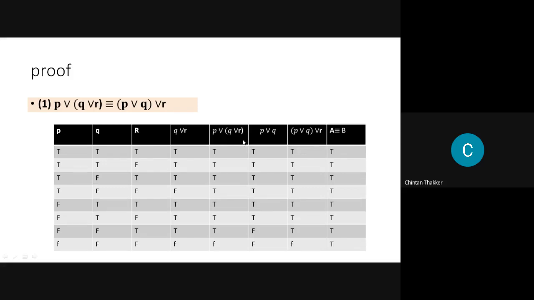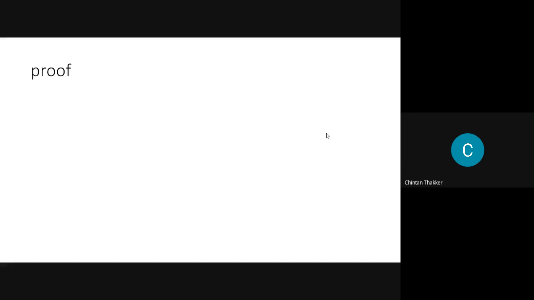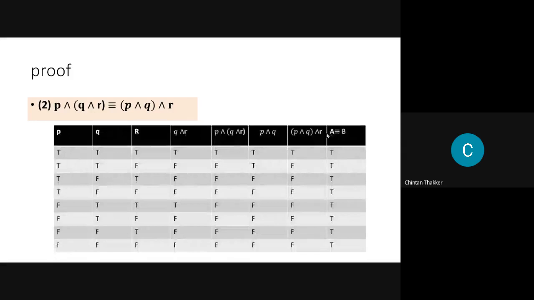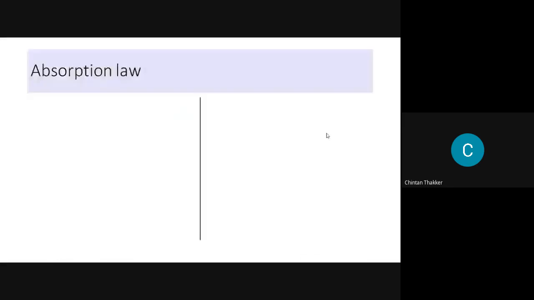This we denote by A. Then we have P or Q, then (P or Q) or R. This we denote by B. If we take A if and only if B, then we get all T. It is a tautology, so A is equivalent to B. In the same way, we prove the second using the truth table.